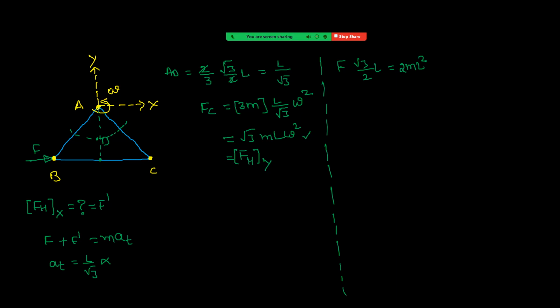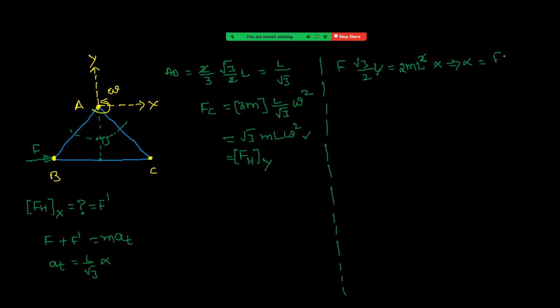And because point A is on the axis, I value is 2ml square, right? And that is equal to torque equals I into alpha. Then see alpha value, how much? L gets cancelled.